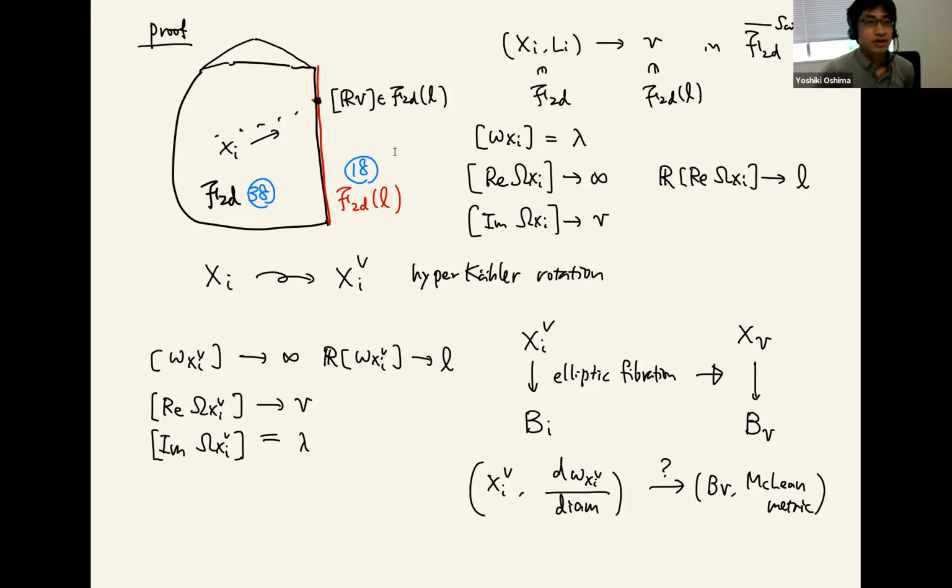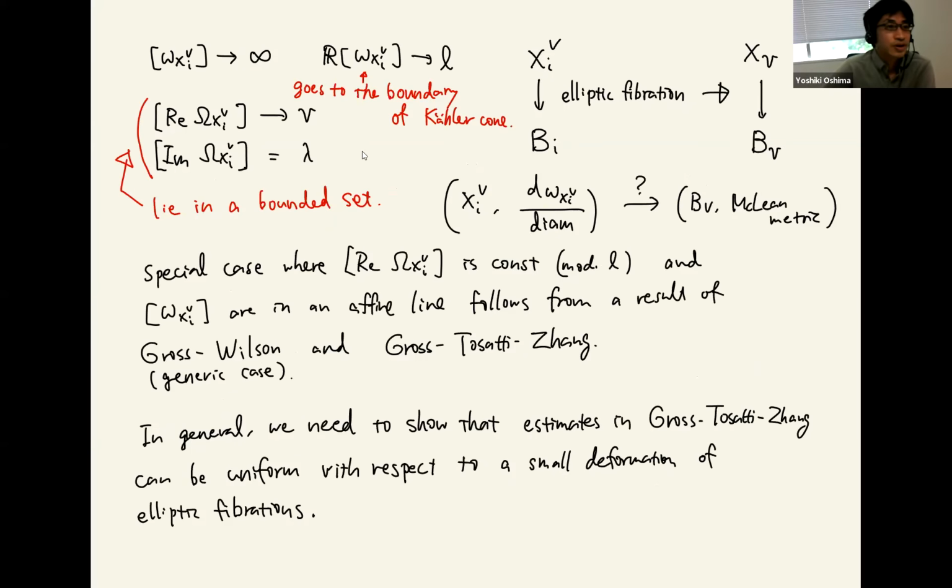And then for the boundary point, we defined an elliptic K3 structure, which we used to define the Macri metric. After the hyperkähler rotation, this holomorphic period lies in a bounded set.